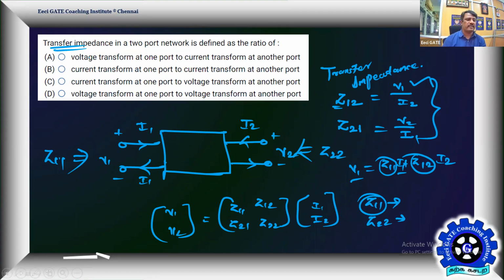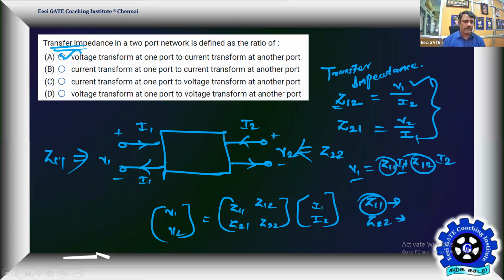The correct answer for this problem: transfer impedance in a two-port network is defined as a ratio of voltage transform at one port to the current transform at another port. So V2 by I1 or V1 by I2. I can choose option A, but still have a thought about another one. Current transform at one port to current at another? No, current to current is not there.